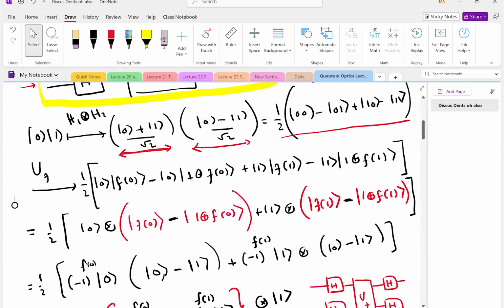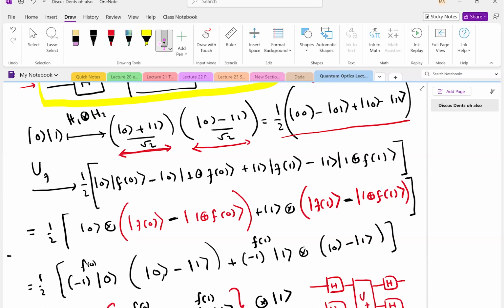So in the next step, what I've done is I've factored out what happens to the second qubit. The second qubit state is now written in the red brackets. So I have a superposition of two qubits. Here is the superposition. First qubit ket 0 tensored with the second qubit in this state, plus the first qubit ket 1 and the second qubit in this state.